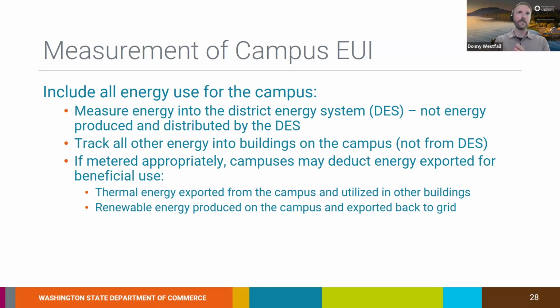So we want to capture that energy use, just not the metered energy coming into the building from the district energy system, because we don't want to duplicate or double count that energy usage. And then if metered appropriately, campuses may deduct energy exported for beneficial use from their gross energy consumption in order to calculate the EUI in accordance with the net energy use calculations outlined in section 5.2 of the standard.